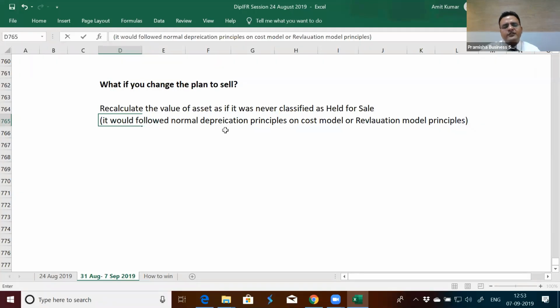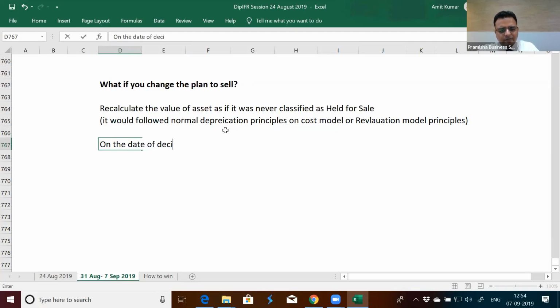Even if you are using revaluation model, then what if this asset was not classified as held for sale? What would have been the revalued valuation amount on the date of change of plan, on the date of deciding to change the plan of selling?